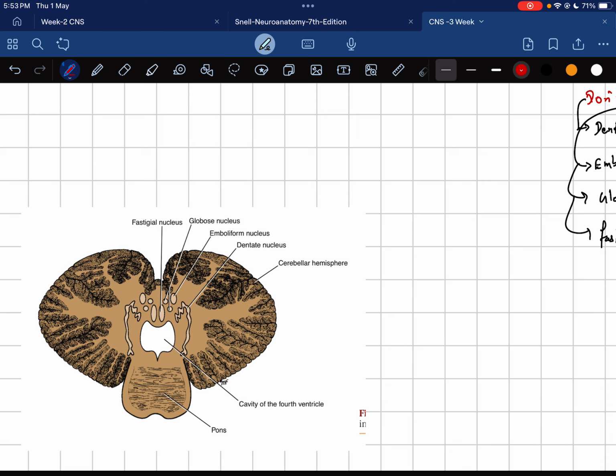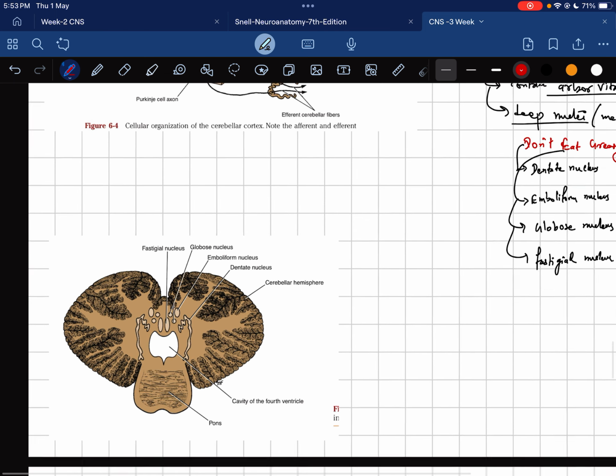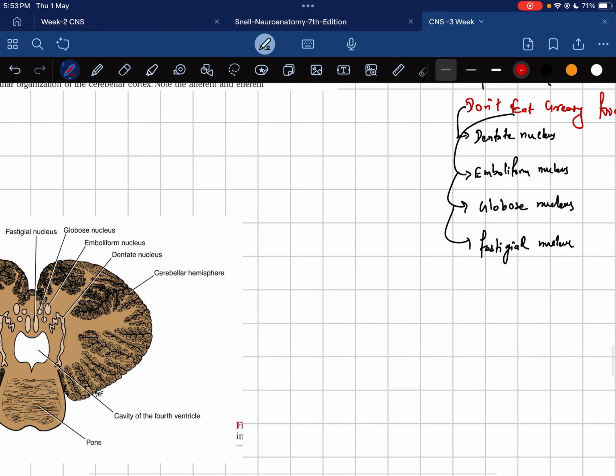You can look, this is the cortex region, and this is the fourth ventricle, and this is the pons.